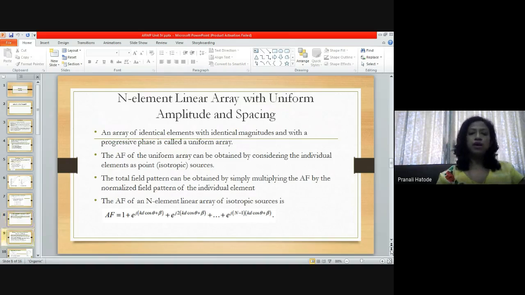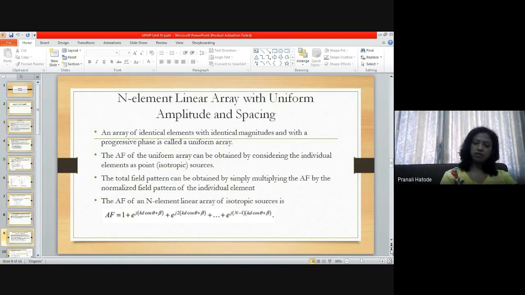Now let us look at another topic, that is the N element linear array with uniform amplitude and spacing. You can easily guess that more than 2 elements come under an N element array, but you should understand what a uniform amplitude and spacing array is.